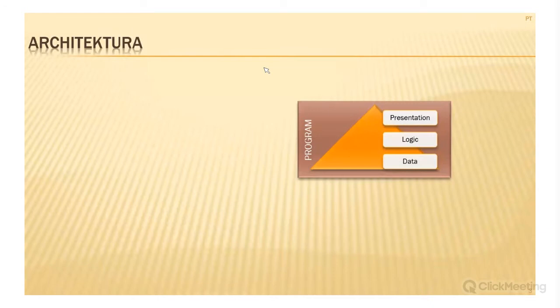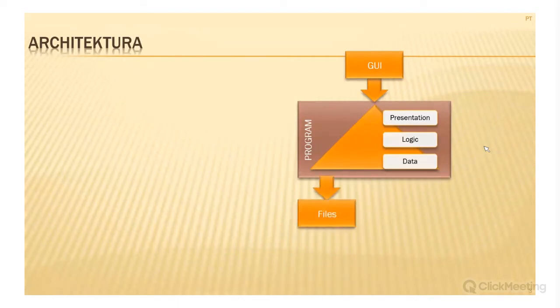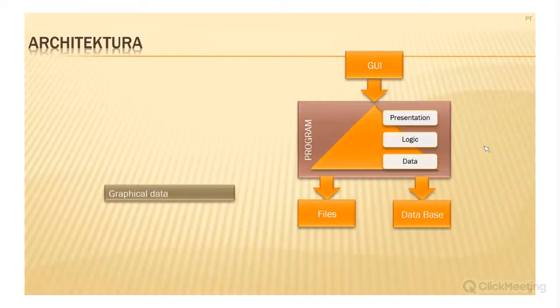I will discuss it in more detail. But this model, as you remember, the program usually gets access to the external data. And we can organize the external data using graphical user interface, using databases, and using files.